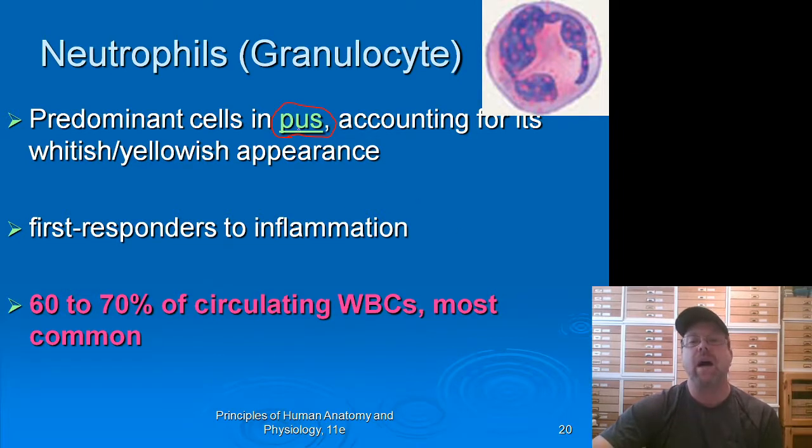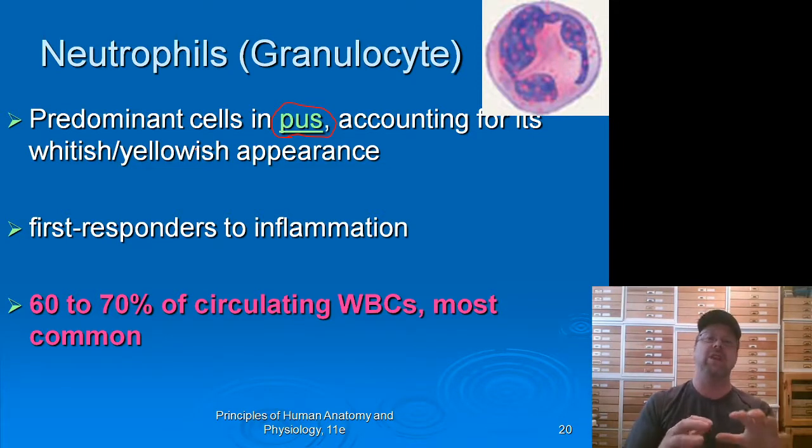So pus is that yellowish, nasty, kind of whitish substance in your infected wound, and it's made up mostly of dead neutrophils. So just think of those neutrophils, they're landing on the beaches of infection, they're storming the beaches, they're attacking that pathogen, the pathogen is fighting back, the neutrophils are phagocytizing and eating the bacterial foreign invaders, and then they're dying as well.